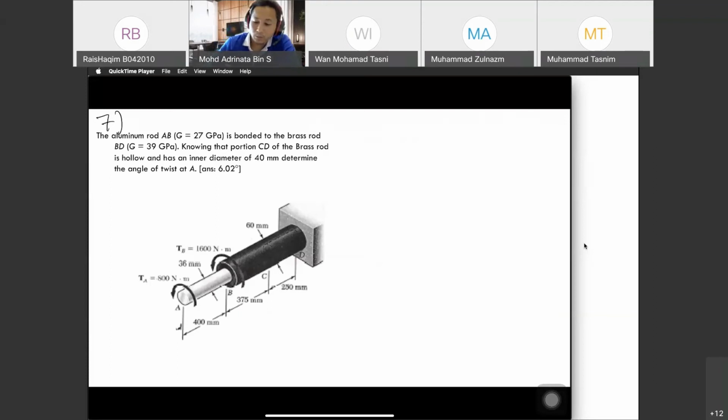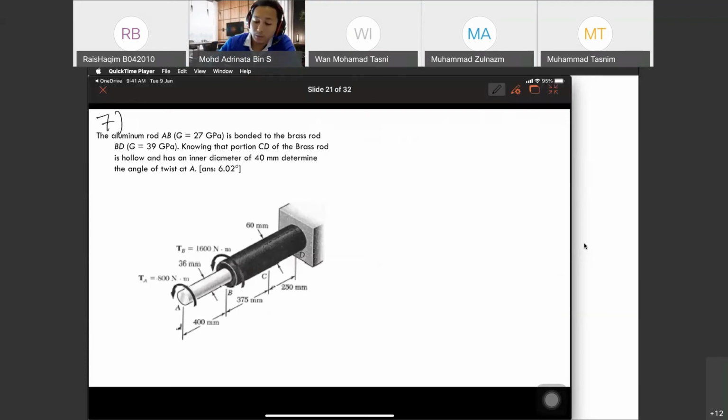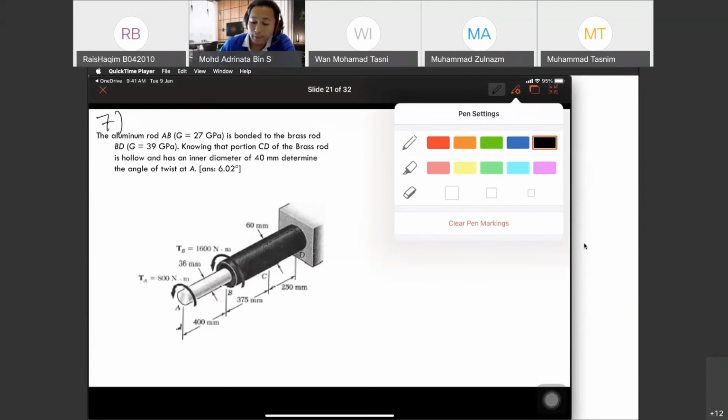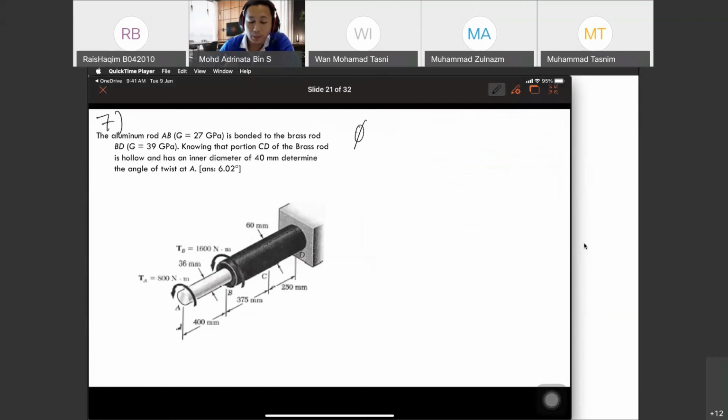Tau, sorry, bukan tau. Saya selalu salah sebut. Phi, angle of twist. Okay. Angle of twist, the total angle of twist is summation of each section. Okay, is the summation of each section.